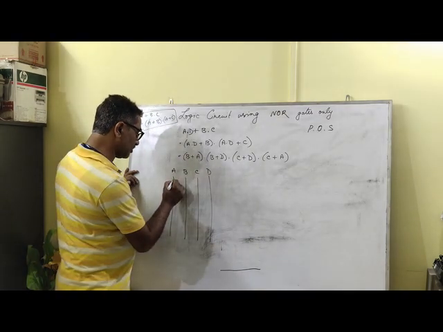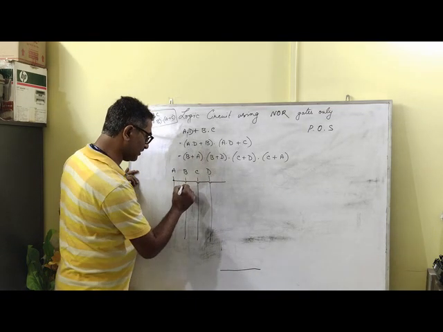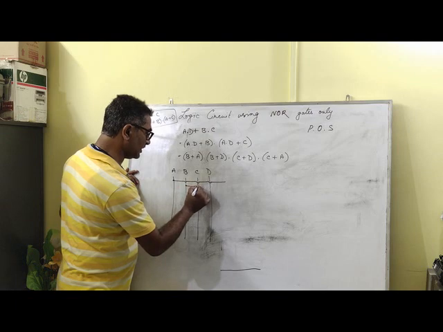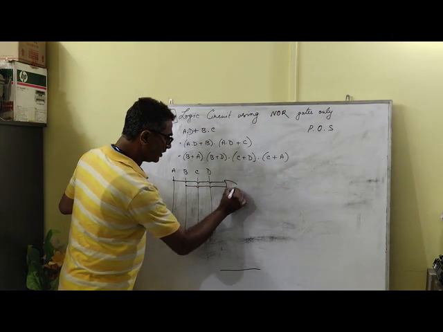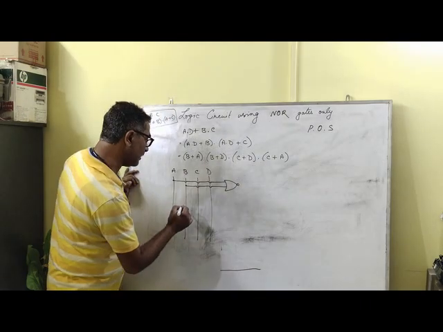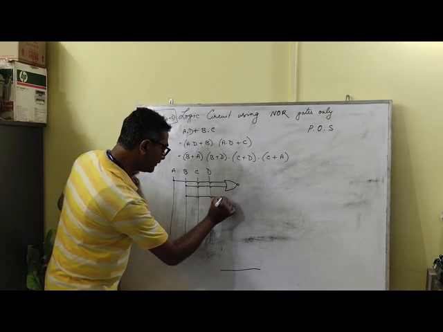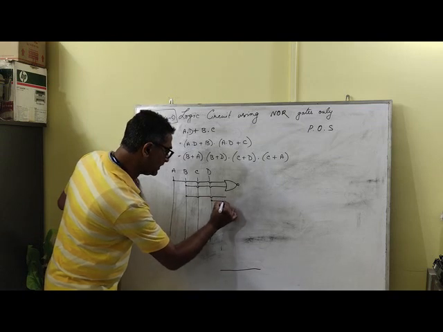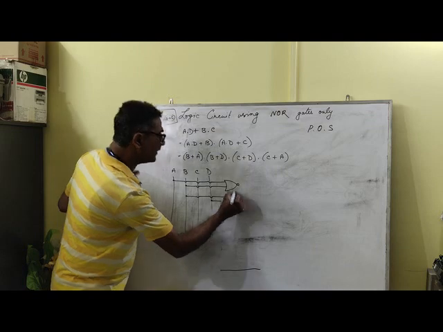A plus B. So A plus B means OR, but we'll draw the NOR gate out here. Then what do we have? B plus D. Then what do we have?